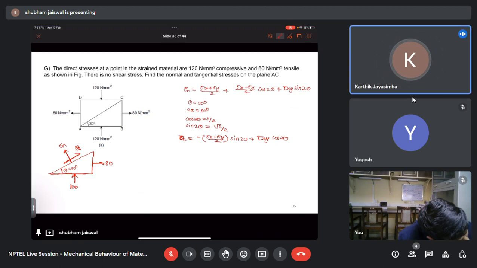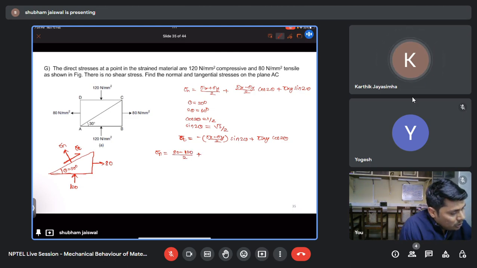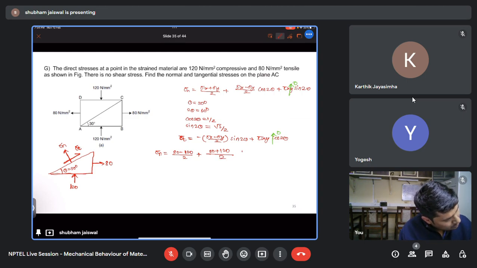So sigma normal is coming up to... Sigma x is 80, sigma y is 120, divided by 2 plus, as no shear stress is acting, these terms become 0. So that is (80 plus 120) by 2 plus (80 minus 120) by 2 times cos 2 theta, which is 1 by 2.